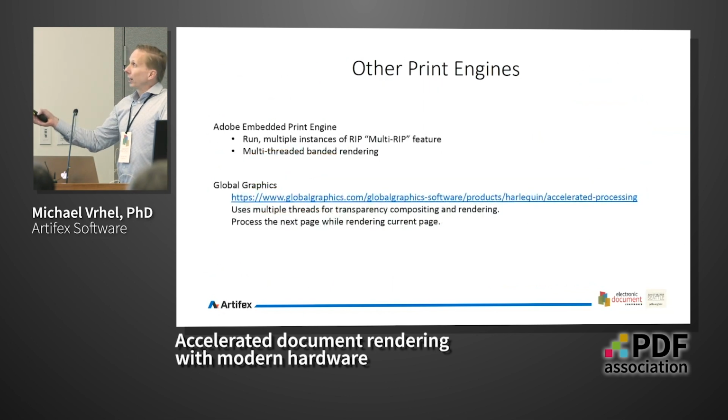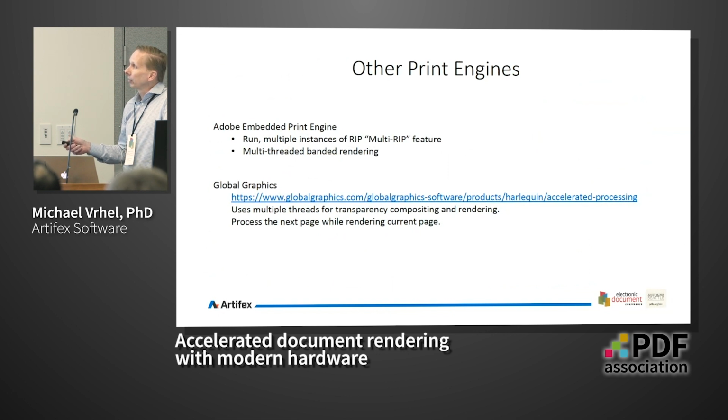If I look at other print engines, the advantage with Ghostscript or MuPDF, of course, is that it's open source. I can look at the code, I can go in there and hack away. For the other print engines, like Adobe, I have to infer from the specifications. For example, they claim that they have this thing called multi-rip, which lets me run multiple instances of the rip, so I could do that on different threads.